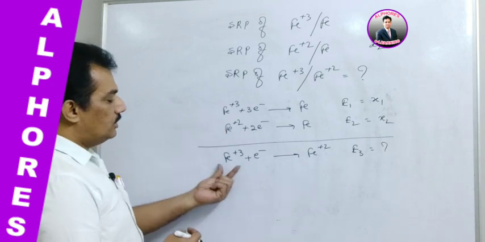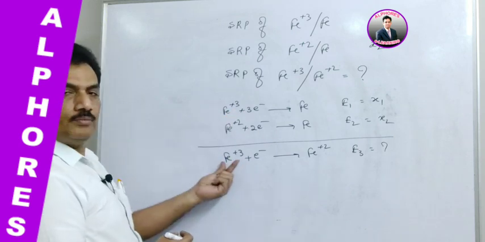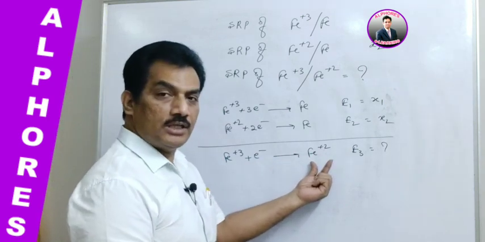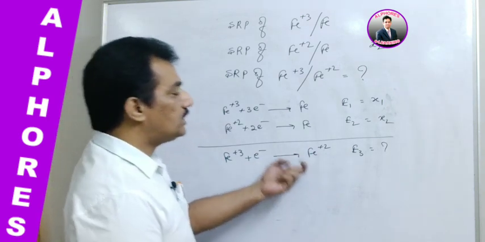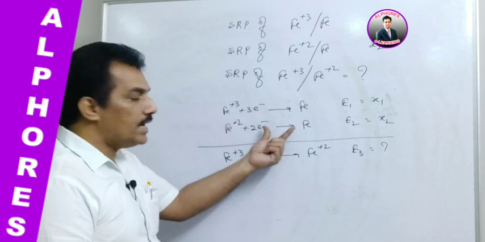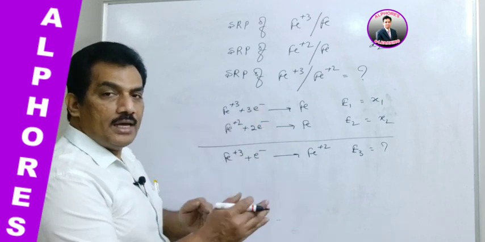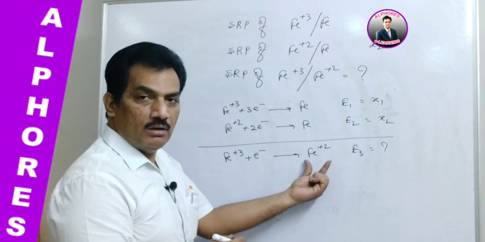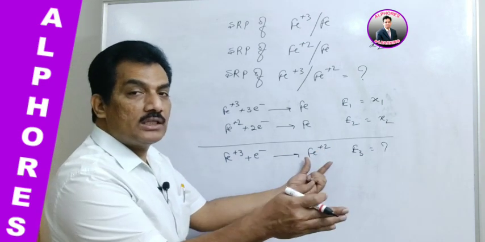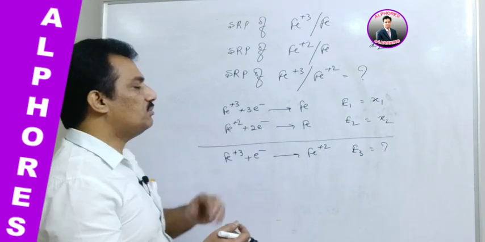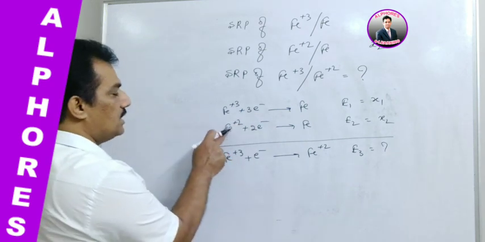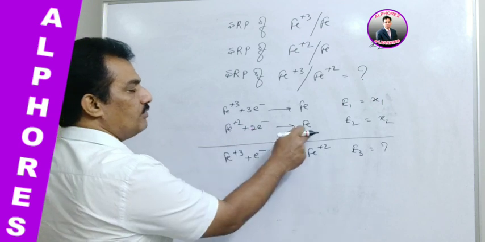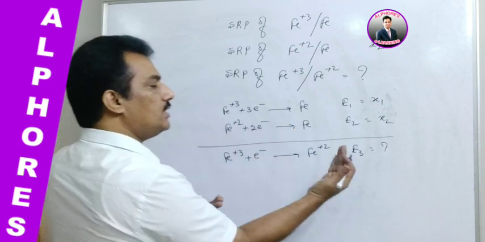And now how to make it? Just observe, the reactant Fe plus 3 is on the reactant side, and the product in the required equation is Fe plus 2. First you rearrange the data in these reactions so that the product in the required equation is present on the product side in the given equation. That means Fe plus 2 taking 2 electrons giving Fe is reversed.